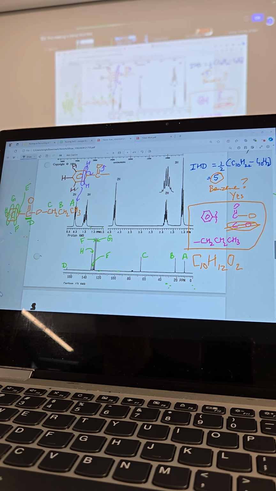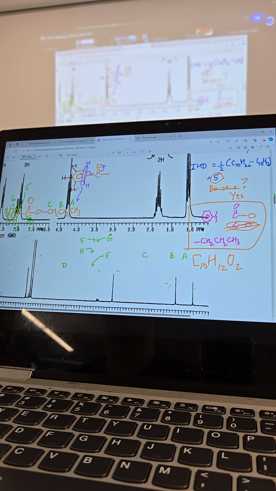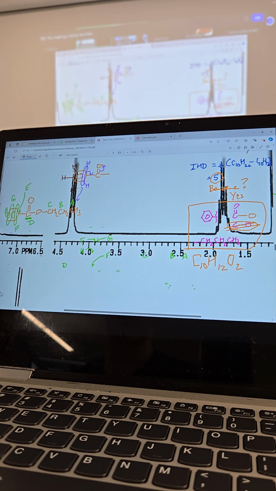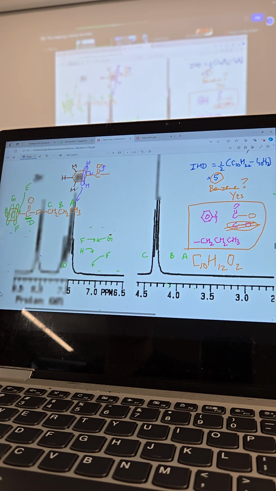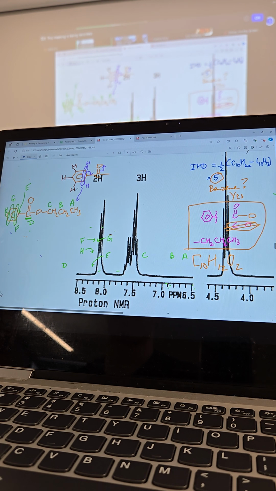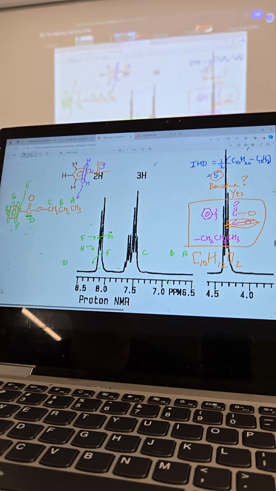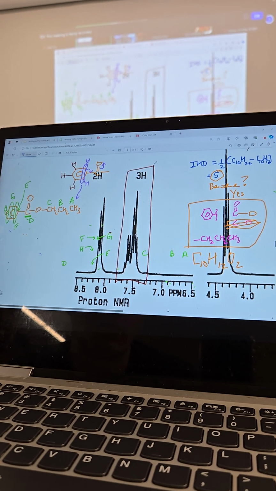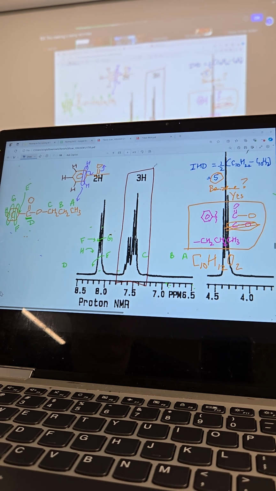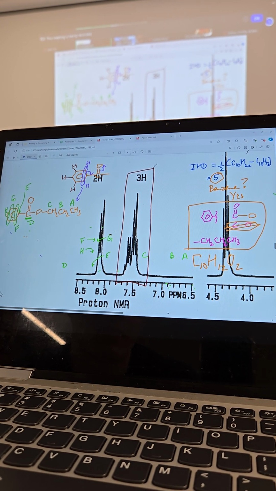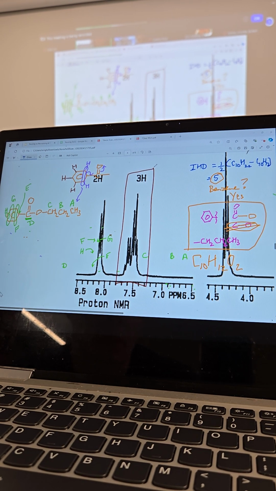I got it. I'm going to ask you this question now. When you look at this mess of signals integrating for 3 hydrogens, first of all, I hope you're all seeing that it's not a simple multiplicity.